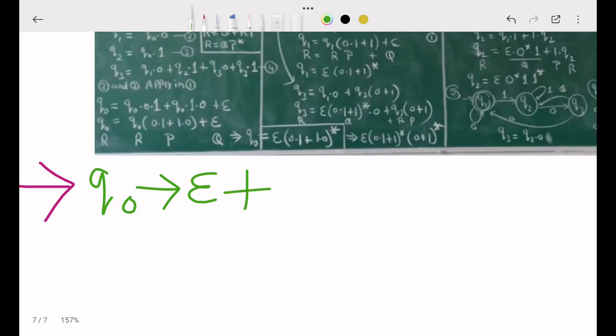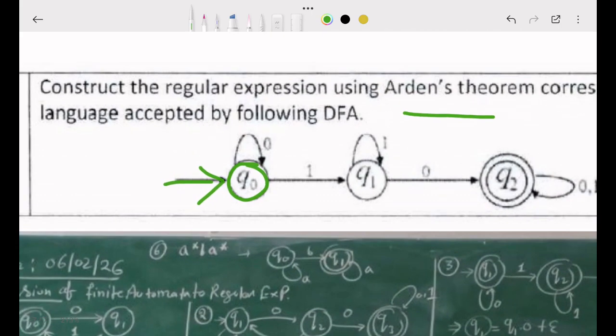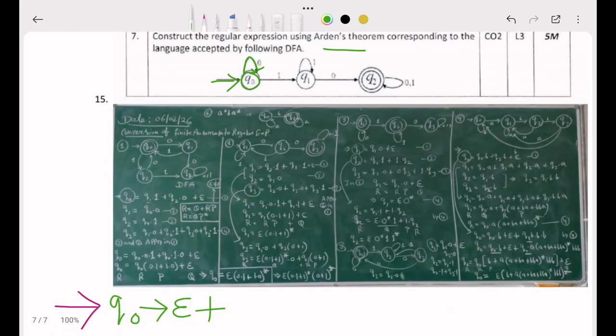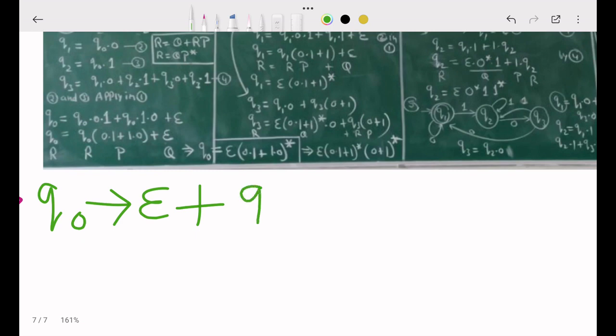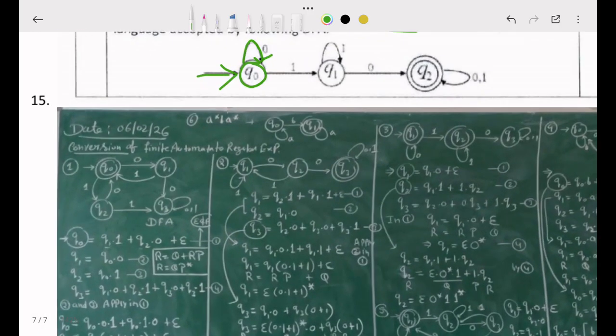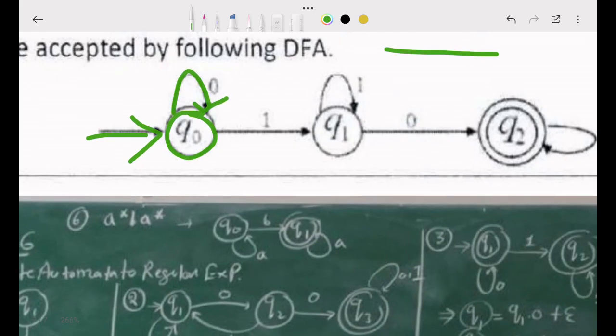Or I can also reach Q0 using this transition on 0. Q0 we can also reach using this 0 move. Now next, how to reach Q1?